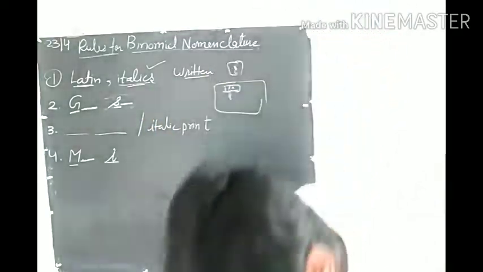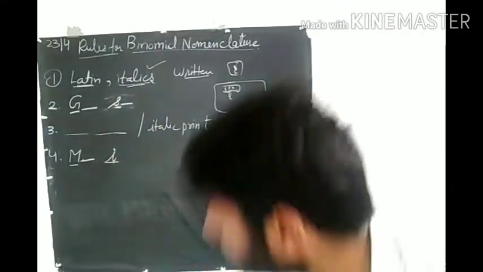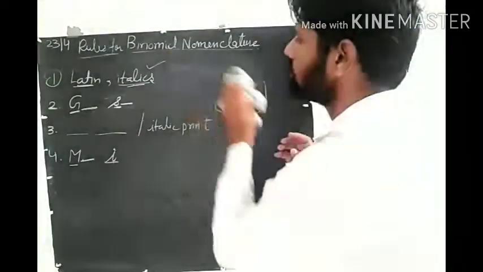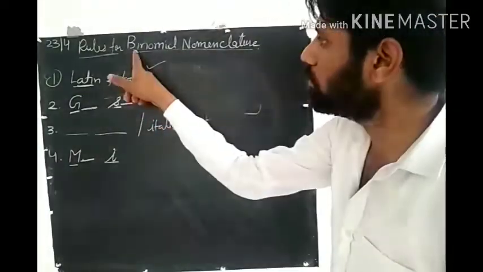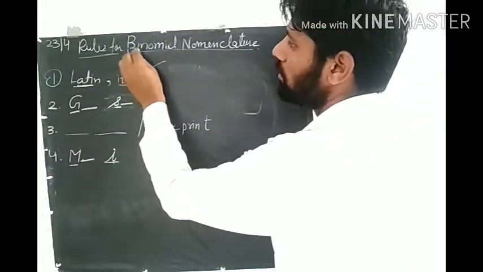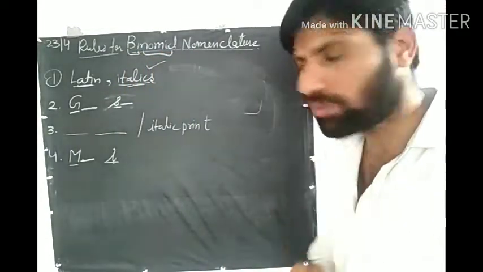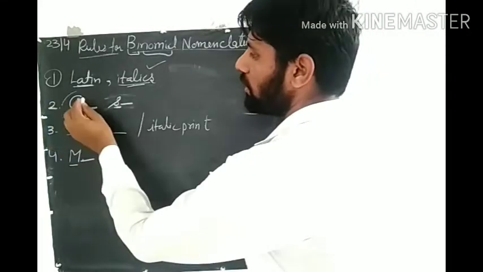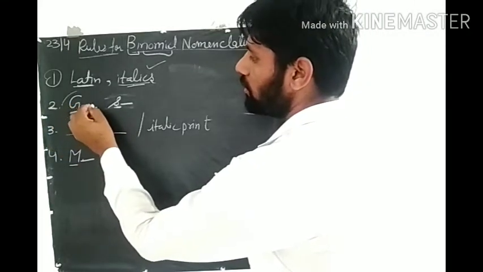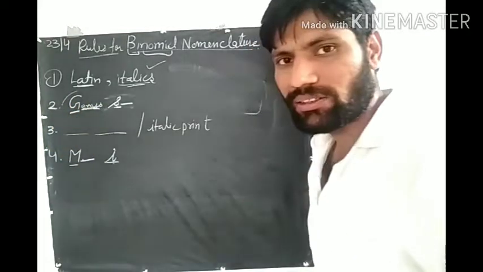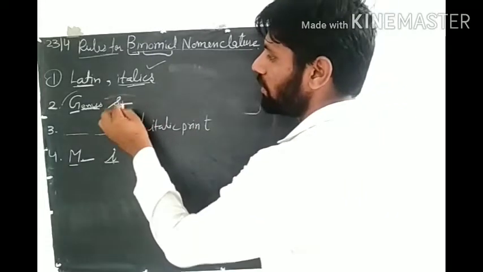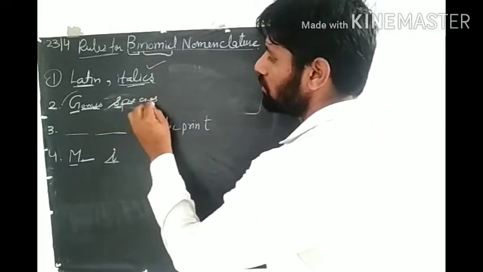Okay. Now the binomial nomenclature includes two words. Bi means two, nomial means names, including two words. So the first word denotes the genus and the second word denotes the species.